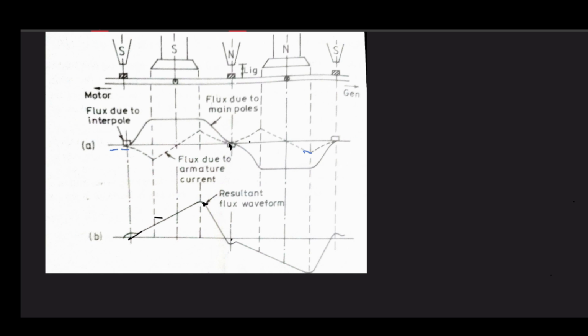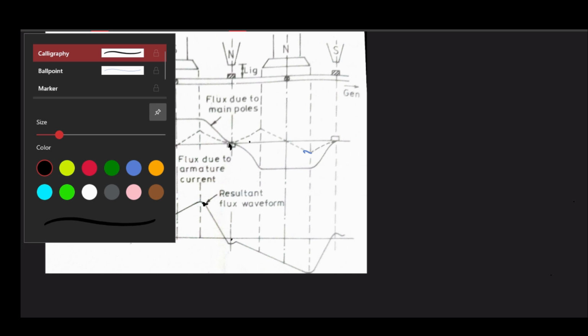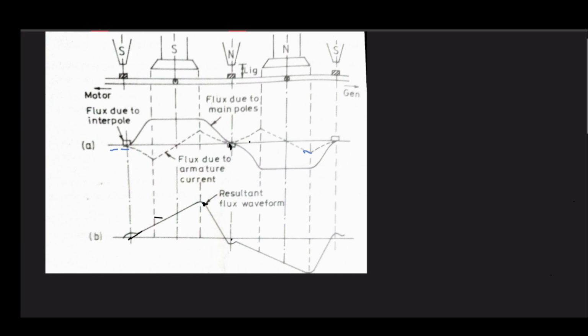Now a little mathematics. If you consider, after introduction of the interpole, you can see that there does not exist any demagnetizing MMF. So the total MMF can be considered as the cross magnetizing MMF.